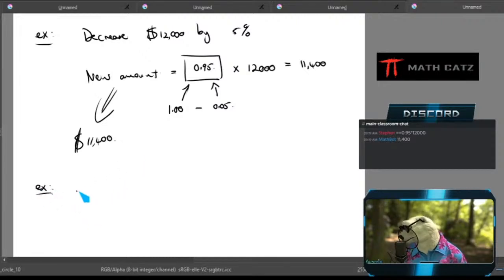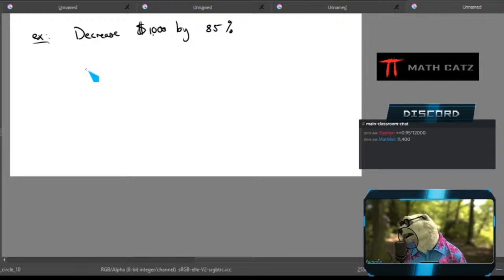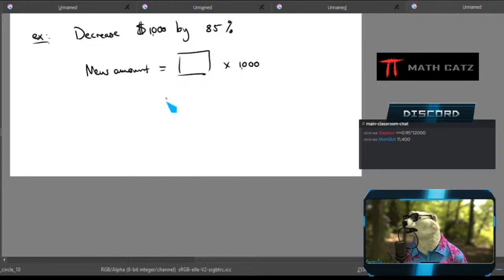Quickly squeeze in one more. Why not? Now, people might feel a little uncomfortable when I decrease an amount by a large percentage. Let's go 85%. Though it can happen. My new amount, nothing changes. Some adjustment of $1,000. What is that adjustment?